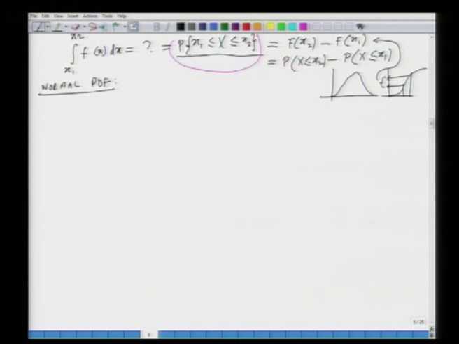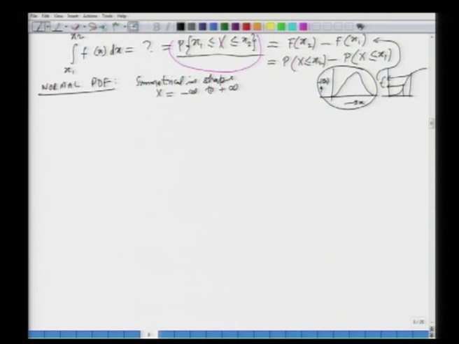I am sure you may have seen the equation or the shape of the normal PDF, which would look like this, where this is your x and this is your f of x. It is symmetrical in shape, and it goes from minus infinity to infinity. The range of x can be minus infinity to plus infinity.